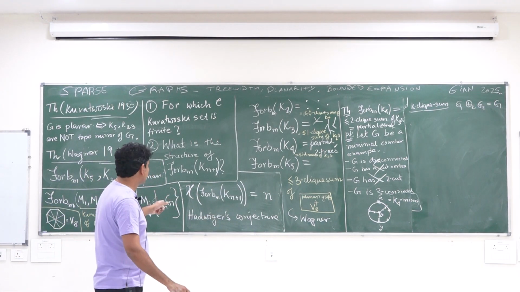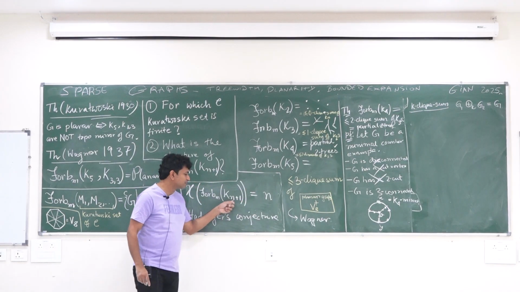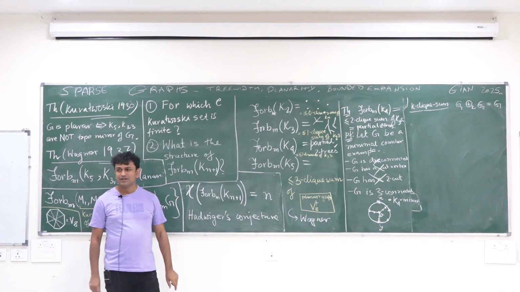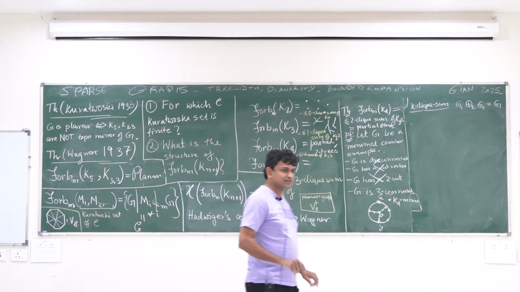It is also proved for K6 minor free, so n equals 5. This is n equals 4 in my language. So 7 has partial results.